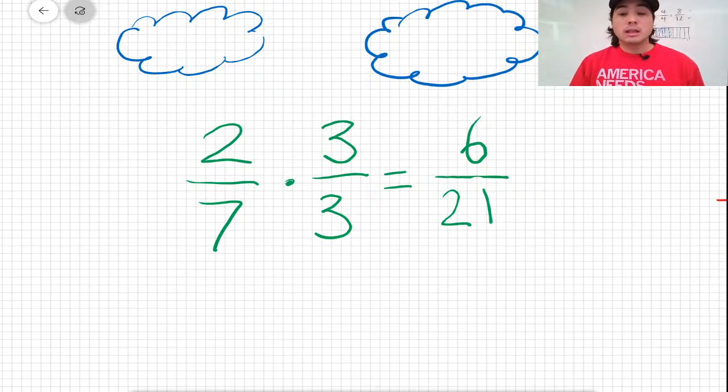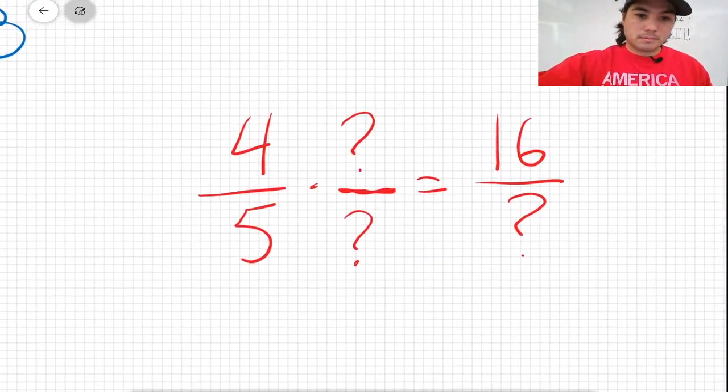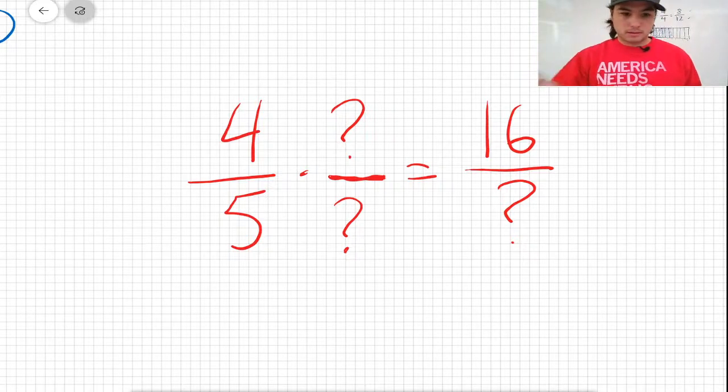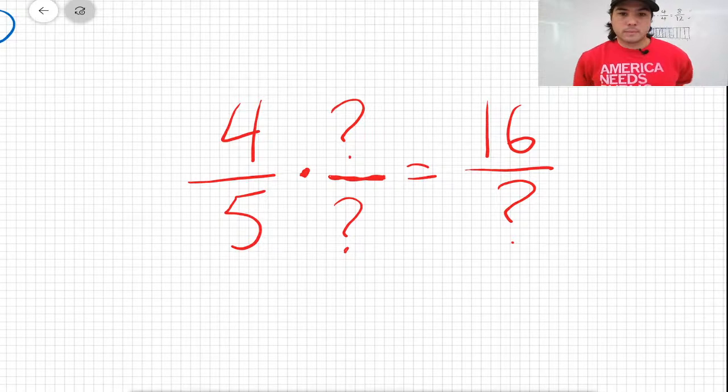Okay? Last one. This one's a little trickier. 4/5 times something equals 16 something. We got a bunch of missing pieces here. So let's think logically about what we can do.